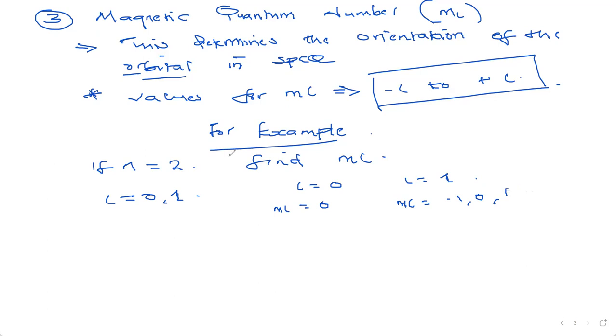So when L is equal to 1, ml has three values, and when L is equal to 0, ml is just 0.